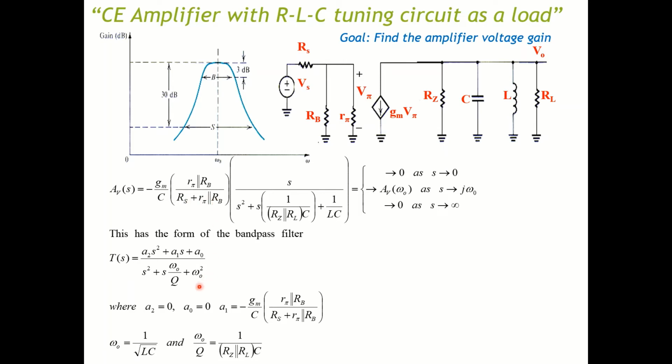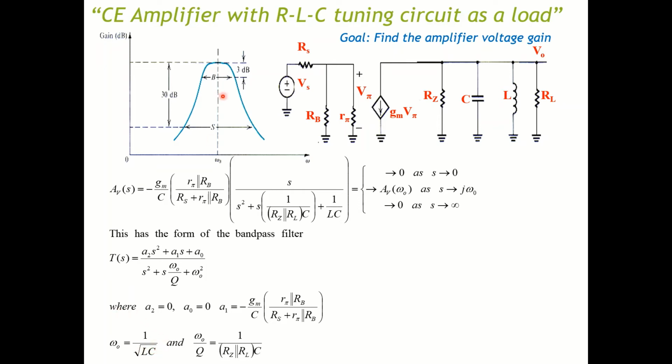Next, it's easy to see that you have omega naught squared equal to 1 over LC. Just compare this denominator and this denominator. Not that difficult. If you have omega naught squared equal to 1 over LC, then omega naught equals 1 over the square root of LC.